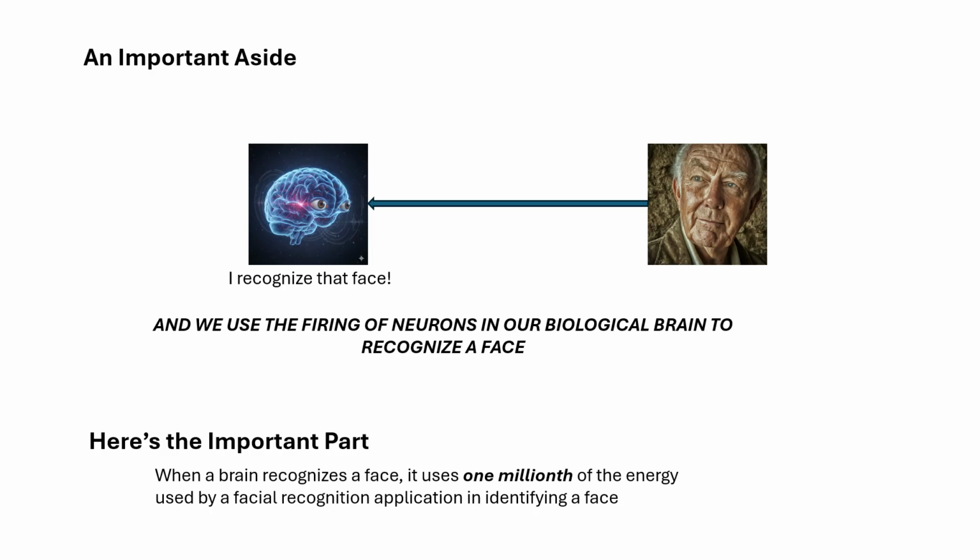And the important part is that when the brain recognizes a face, it uses literally 1/1,000,000th of the energy used by a facial recognition application. So there's one issue that we all must address with artificial intelligence and these large language models. They consume a vast amount of energy and have a vast environmental impact as well.